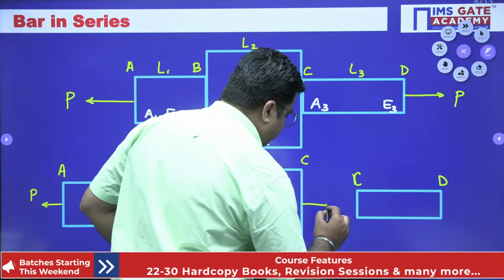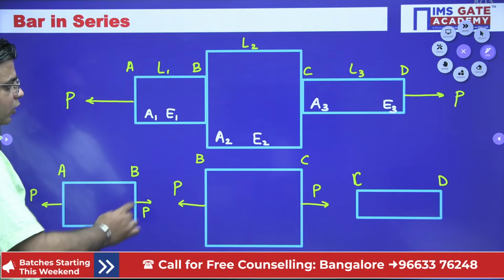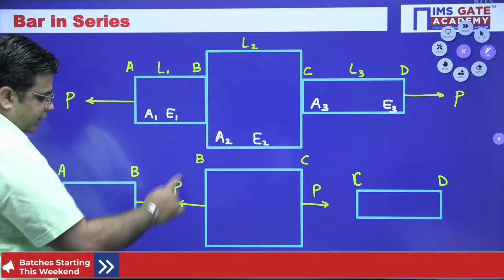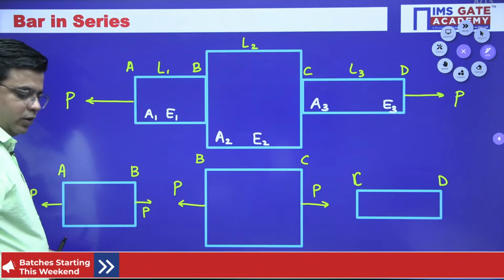Now you will be confused, sir, how are you saying this directly, right? Observe this junction B. This is my junction B. These two are connected to each other.